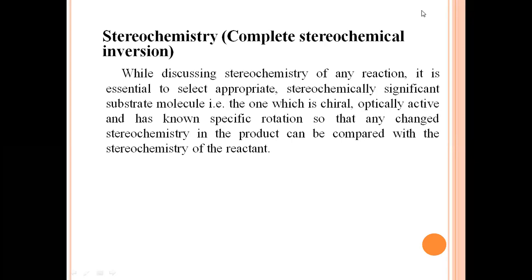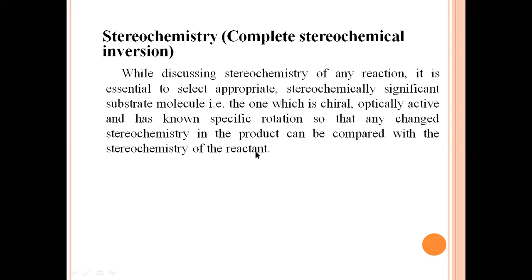In organic chemistry, the substrate is nothing but the carbon containing compound only.